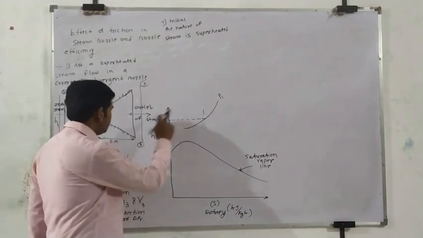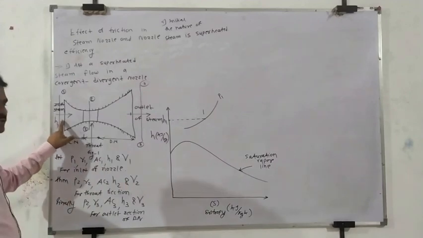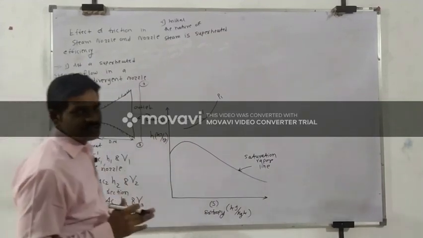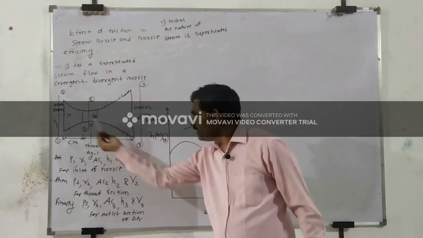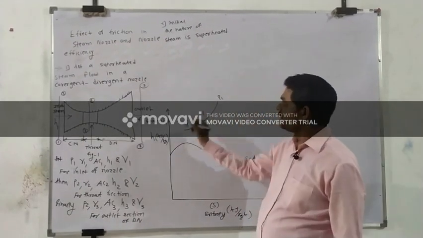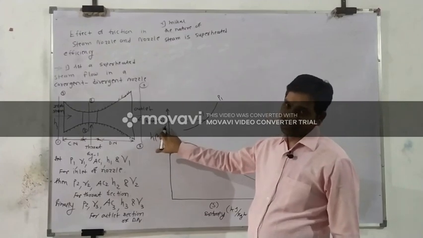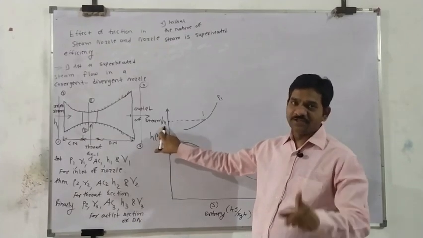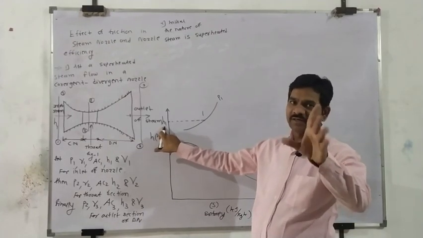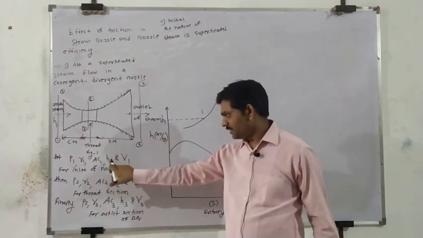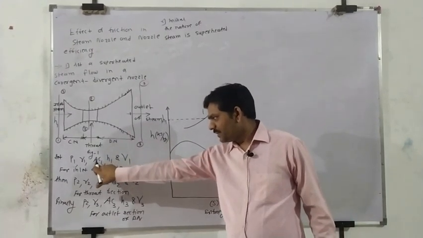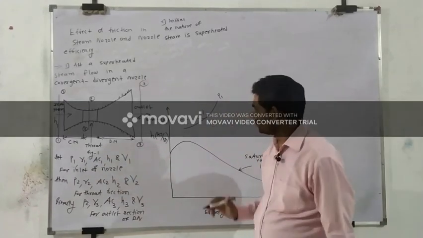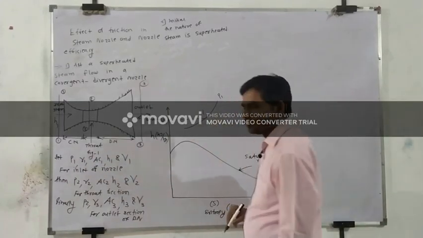So initially the steam passing inside a nozzle is superheated steam. So when steam enters at the inlet section, what is the enthalpy? The enthalpy is H1, and this enthalpy H1 is in which condition? In superheated condition, having a pressure P1, velocity V1, cross-sectional area A1 and specific volume v1. So this is the condition for superheated.